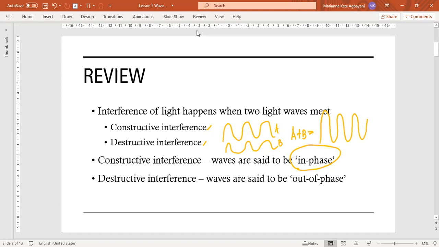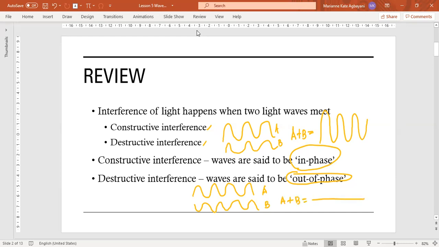On the other hand, when you say destructive interference, waves are said to be out of phase. When you say out of phase, the crests and the troughs are in opposite directions. For example, we have here our wave A and our wave B. They meet. If you add them, the wave formed is like this.